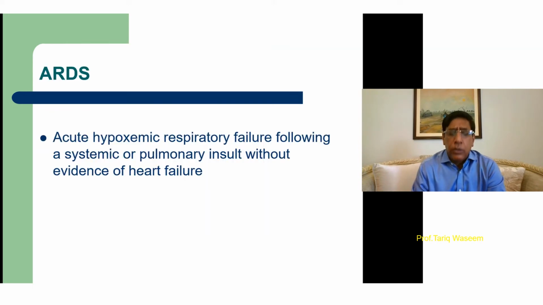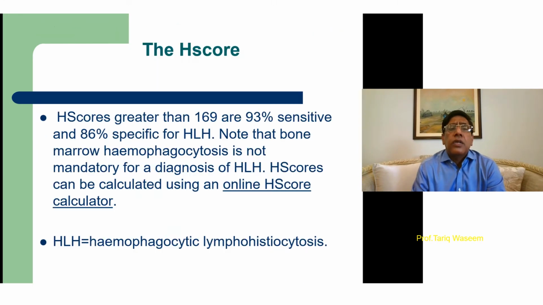Now, as we said, anyone who had a score of more than 169 would have almost 86% specificity for having HLH, and having HLH is a poor prognostic sign, right?